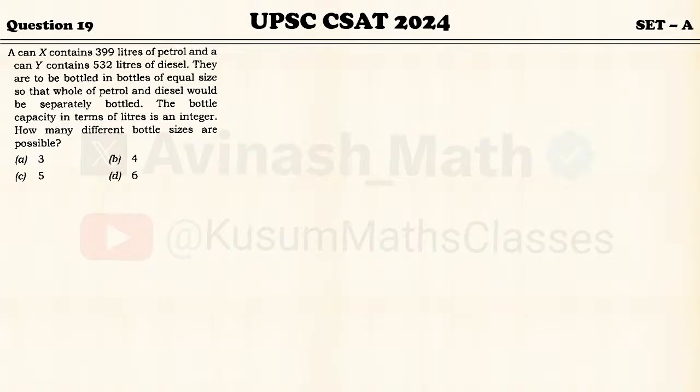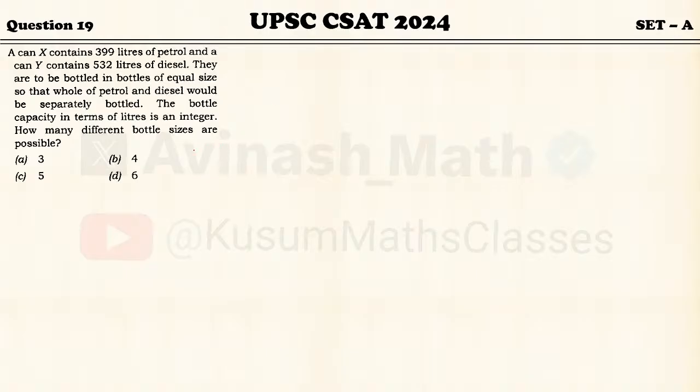दिस इज क्वेश्चन नंबर 19। तो एक बार देखते हैं ये क्वेश्चन क्या कह रहा है। A can X contains 399 liters of petrol and a can Y contains 532 liters of diesel.